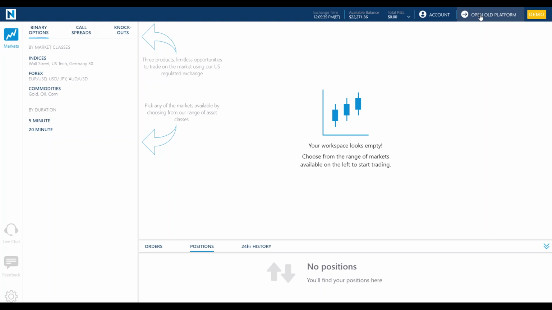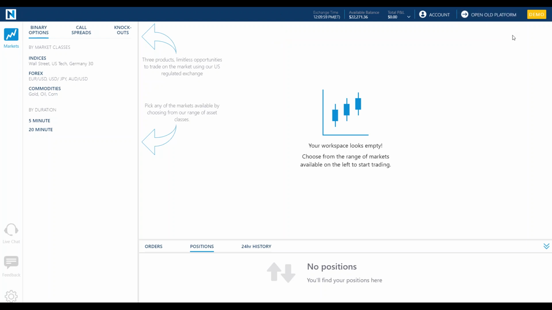It's got newer, better technology. The load times are faster. Your executions will be faster. Your experience is a little bit cleaner, I think, and easier to use. But I know it takes time for people to get used to it. So if you still want to use the old platform, you can, but we're encouraging people to use the new one.